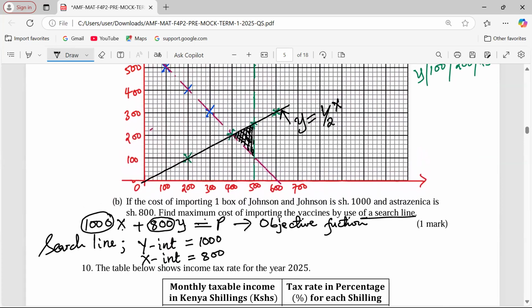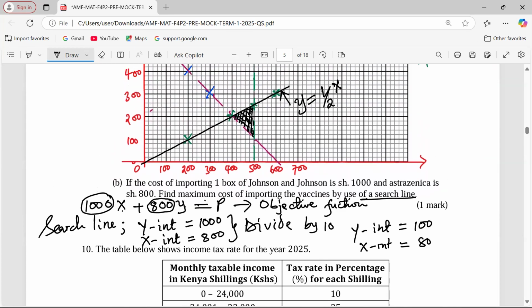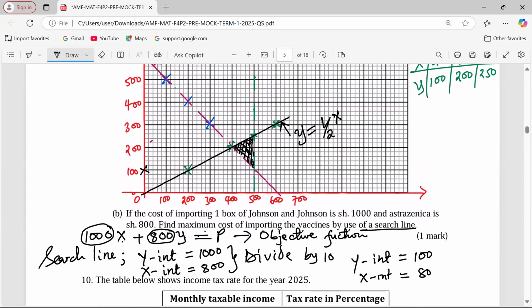And if they are so, we can use a common scale to make them smaller values, like dividing through by 10, so that we get a y-intercept equivalent to 100 and an x-intercept equivalent to 80, so that they may be realistic according to the scale used. So we need a y-intercept of 100 and an x-intercept of 80.